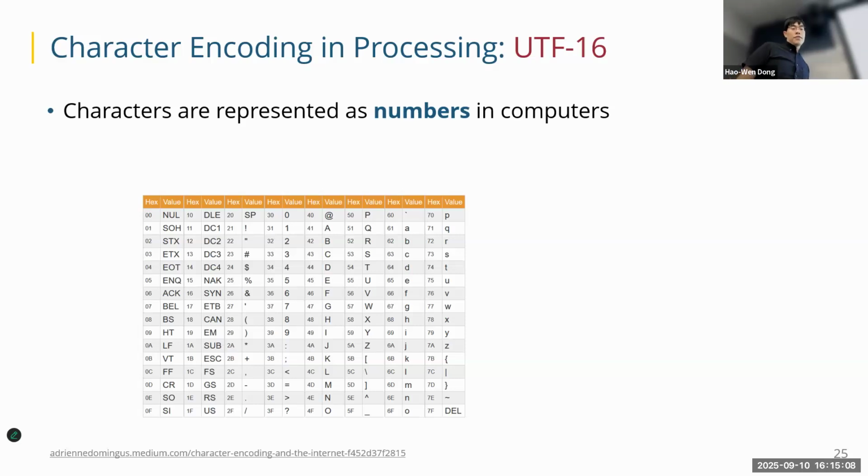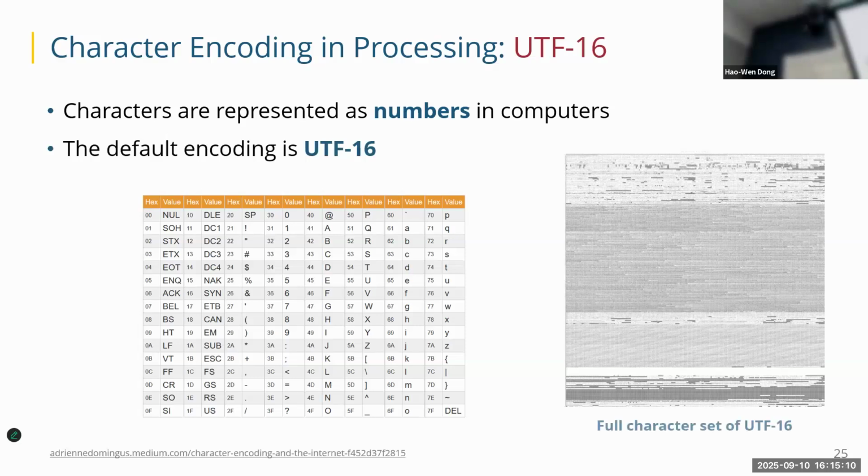The default encoding is UTF-16, and this is the whole UTF-16 if we plot everything here. It covers not just the letters. There are special codes, and of course English, German, French, Japanese, Chinese, Korean characters, lots of characters in UTF-16.